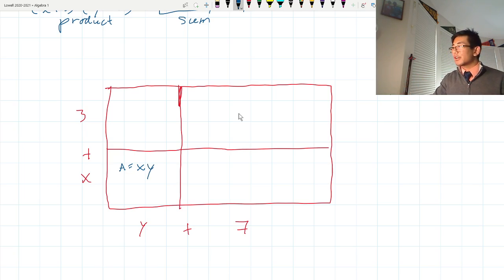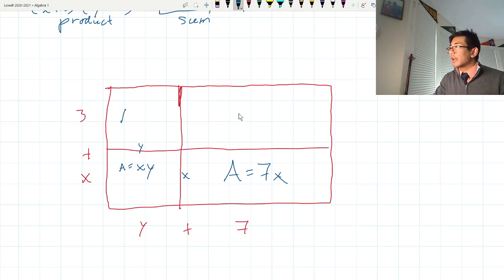Come back over here. Remember, if this length is x, then this length right here is also x. If that is the case, then the area of this bottom right piece is 7 wide by x tall, so the area must be 7x. Likewise, in the top left, this side would also be y, because it's a rectangle, so if one side is y, the opposite side is also y.